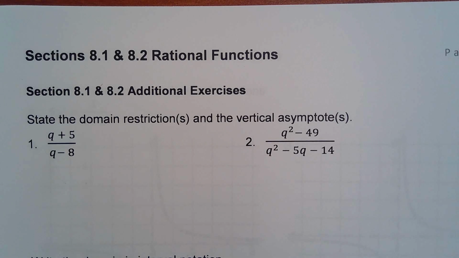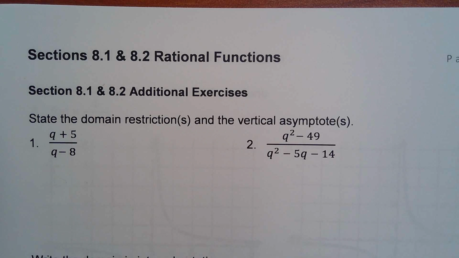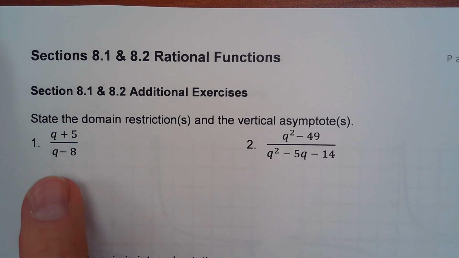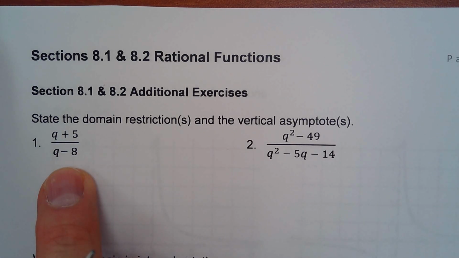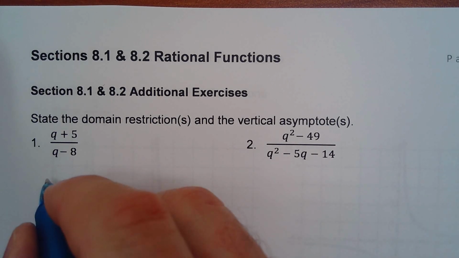So we're going to now look at the additional exercises in section 8.1 and 8.2. For problems 1 and 2, we want to state the domain restrictions and the vertical asymptotes. This denominator is already factored, so our q cannot be equal to 8, so that would be our restrictions.